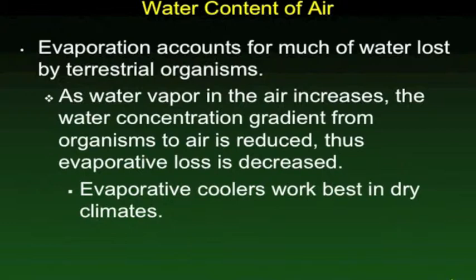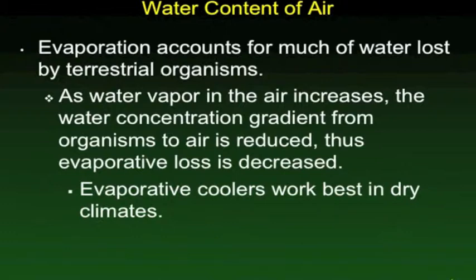If you go out for a run in Tucson, you'll lose a lot more water than if you're running in Milwaukee. And the reason for that is that the water concentration difference between your body and the air in Tucson, Arizona is much greater than that difference that you would find if you were running in Milwaukee.